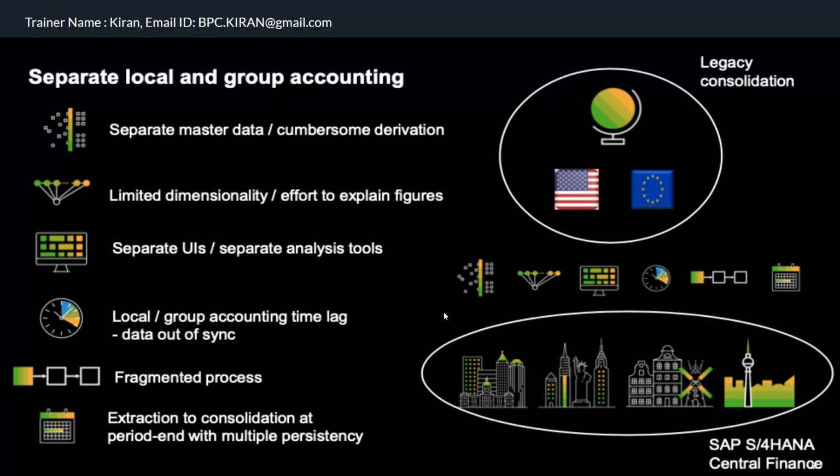In between you have an analytical tool like BW. So master data you have to maintain two times, separate master data and dimensionality. Whatever dimensions I need to create, then I have to load the data. The front end for the source is different, the front end for BPC is different, or for any other legacy consolidation system it is different. So we used to have all these pain points.